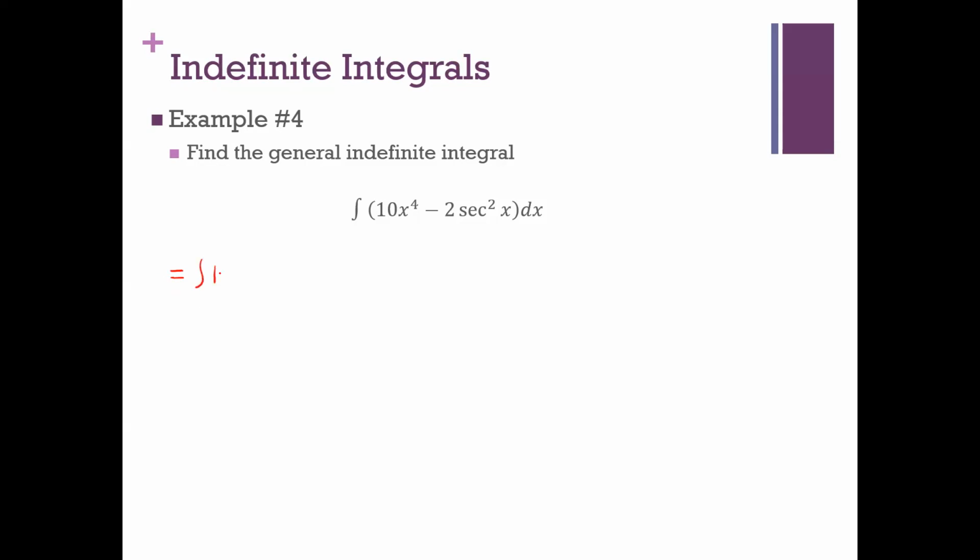Okay. Let's break it up that way first. So the integral of 10x to the fourth dx minus the integral of 2 secant squared x dx. Can we find the integral of 10x to the fourth dx? We got 2x to the fifth. You okay with that?